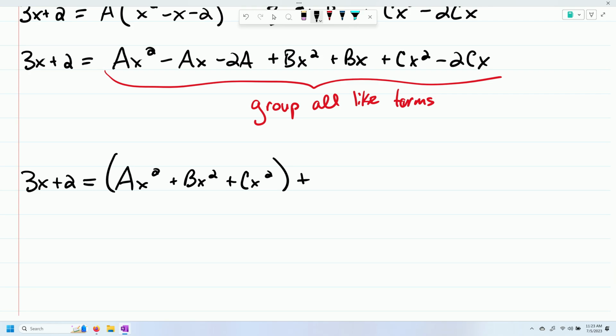Plus, let's group all of our linear terms together. Okay, so parentheses, it's going to be negative ax plus bx minus 2cx. Okay? And then finally, if there are any strictly constants, you put them off all the way to the right. So, plus negative 2a. All right. And this is the last step here before we actually have to use our calculator.